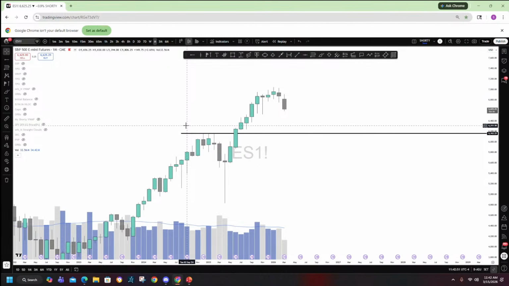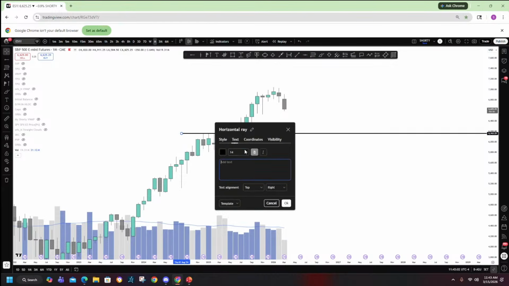So we talked about price. Price can only be what? Accepted or rejected. So if it's accepted or rejected, this level becomes support.